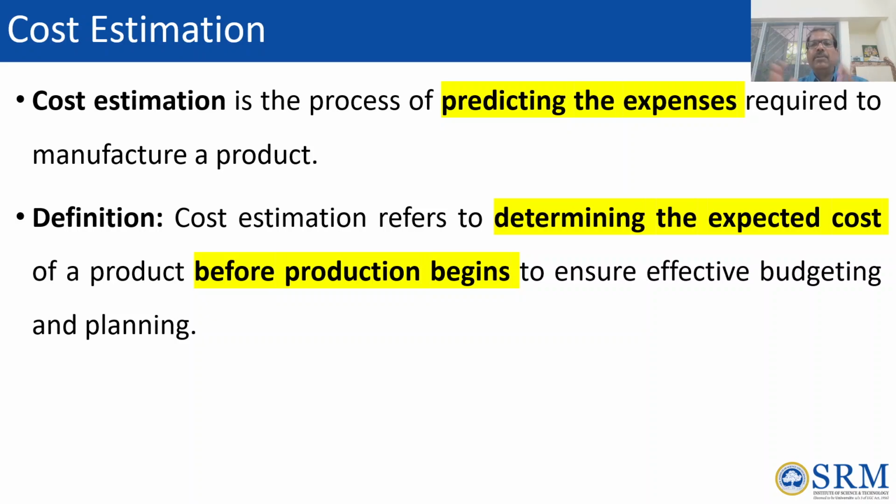Then collectively they can make some estimation. It may be rough or it may be detailed; it has classifications or methods. But generally, cost estimation is determining the expected cost of a product before production begins, so that effective budgeting is possible and they can also do planning activity easily. This is what cost estimation is all about.